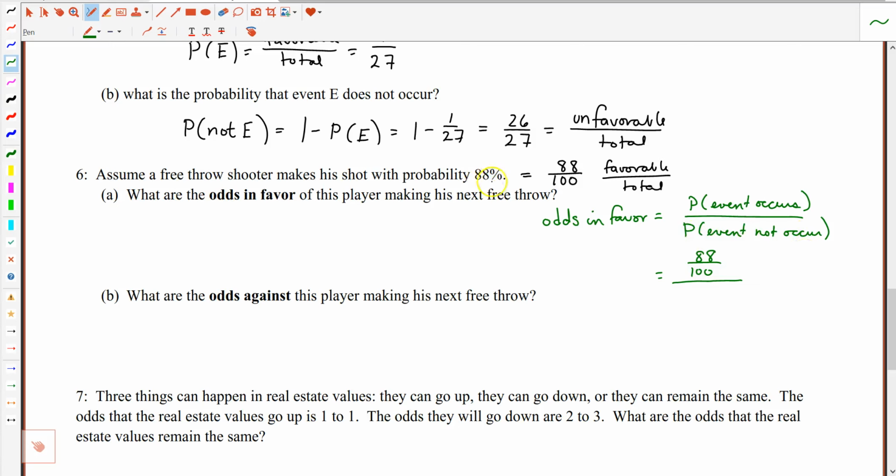Okay, well, if there's an 88% chance that the shooter makes his shot, then the probability he does not make his shot would be 12%. Remember, the probabilities need to add to 1 or to 100%. Okay, so there would be a 12% chance he does not make his shot. 12% then as a fraction would be 12/100. So that would be then the probability that the event does not occur.